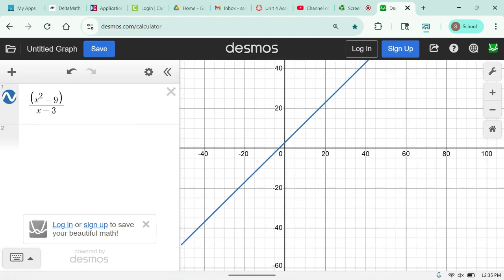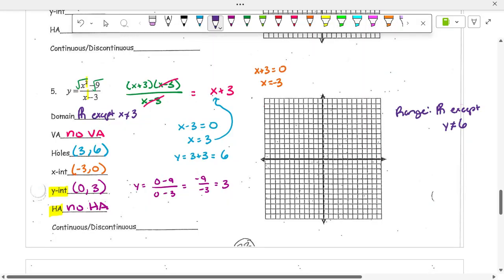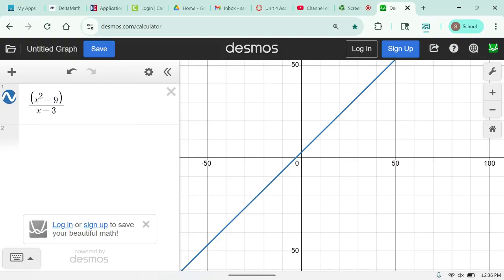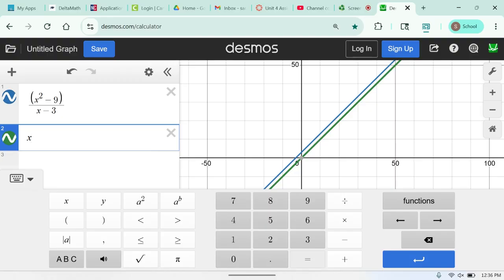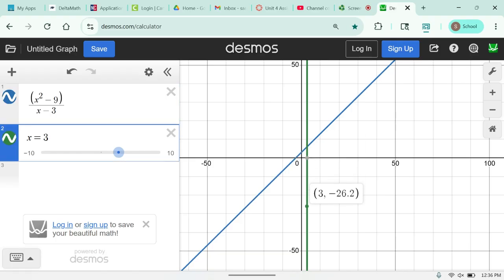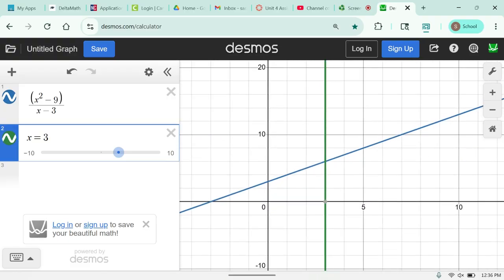Now, real quick, we're going to check the point (3, 6). I'm just going to write in where x is equal to 3, because that's where it cancels. Do you see how that doesn't mark the point of intersection? If I zoom in, do you see how it doesn't mark the point like it should?